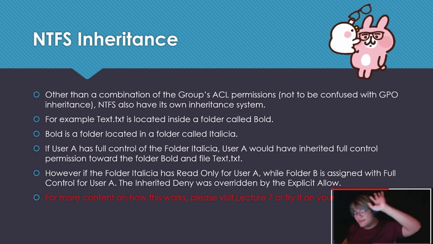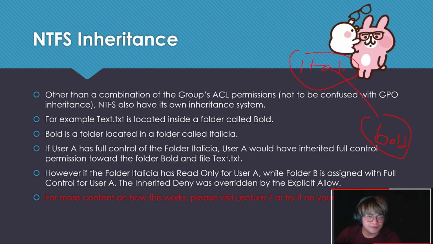So in NTFS inheritance, other than the combination of the group ACL permission, not to be confused with GPO inheritance, which is a different thing, NTFS also has its own inheritance system. For example, txt.txt is located inside a folder called bool. Bool is a folder located under a folder called Italia.